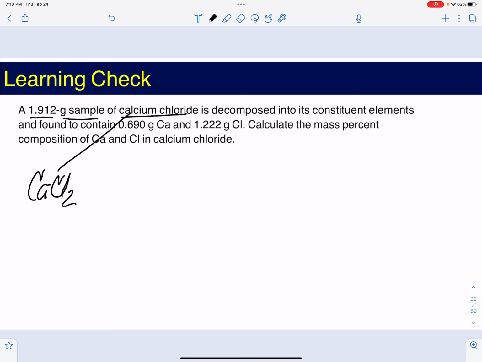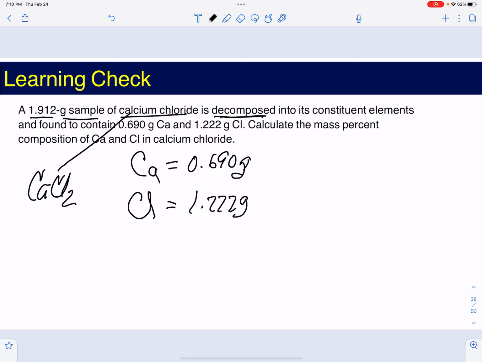So we have a 1.912 grams sample of that, which is decomposed, basically broken apart into its constituent elements, calcium and chlorine. For calcium, you come up with 0.690 grams after you weigh it. And for chlorine, you come up with 1.22 grams. And we want to calculate the mass percentage for calcium and for chlorine.